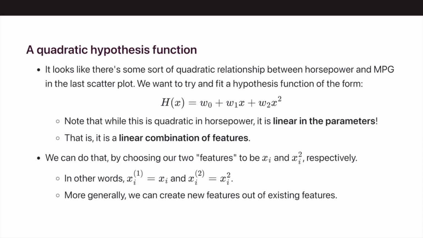We have some W naught, and we don't need to have the W naught, but it's often very useful to have it, a y-intercept or a bias. The important thing is we have some W naught times something, in this case typically a 1, so it's just W naught, plus W sub 1 times something, plus W sub 2 times something, so on and so forth.